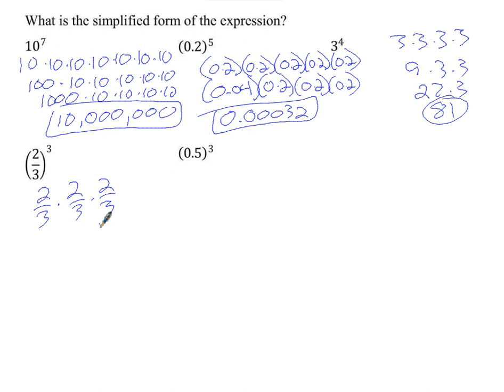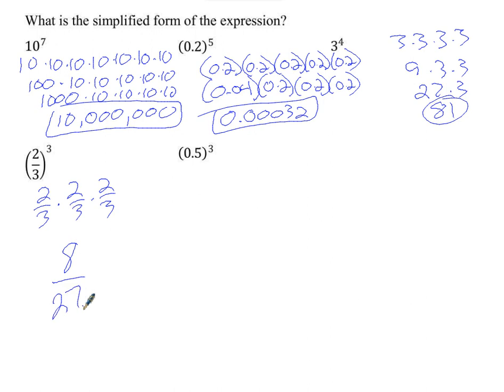How do I multiply something like this? How do you multiply fractions? Straight across, good. 2 times 2 is 4, times 2 is 8, and then 3 times 3 is 9, 9 times 3 is 27, so we have 8/27.